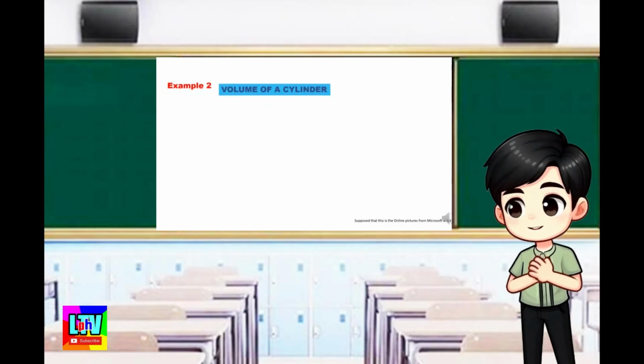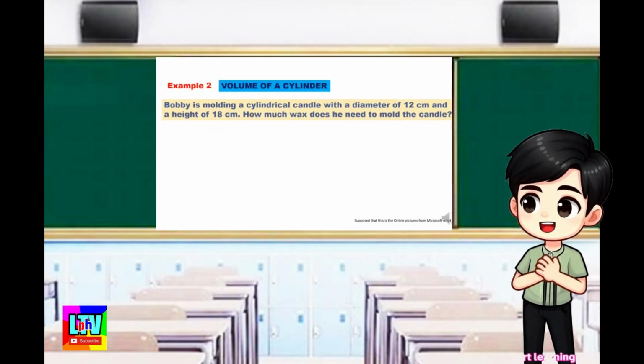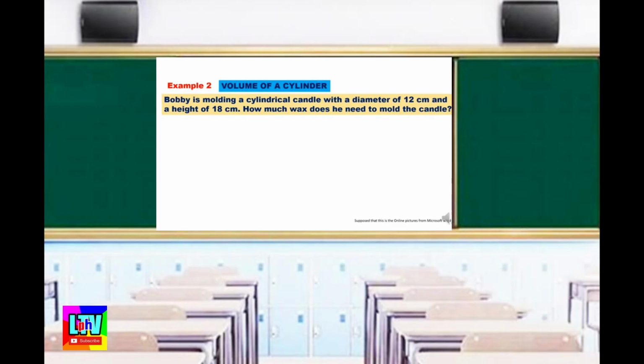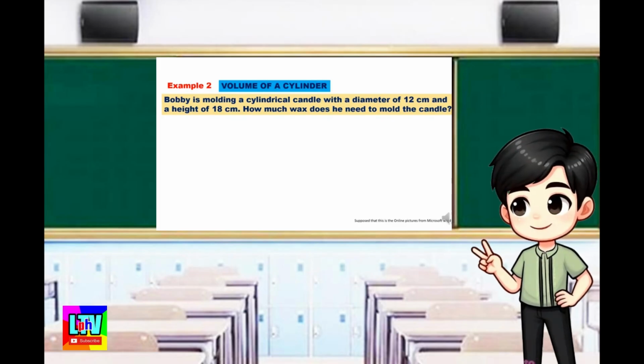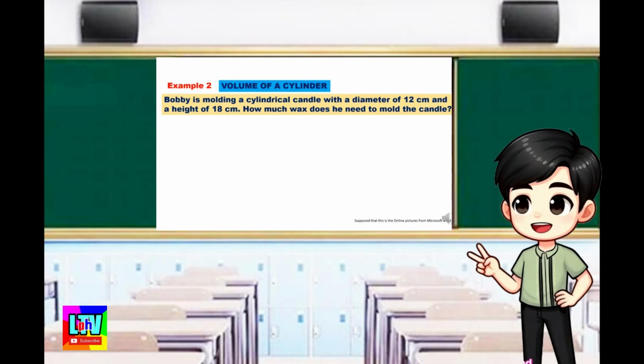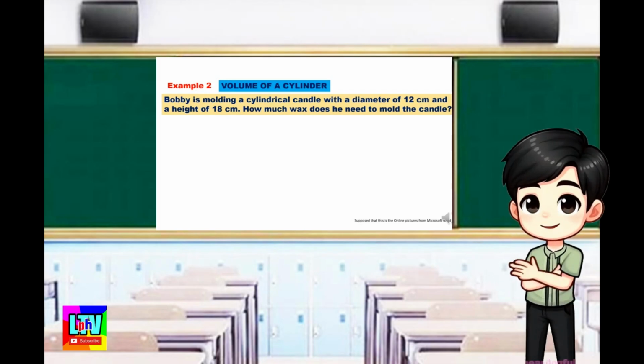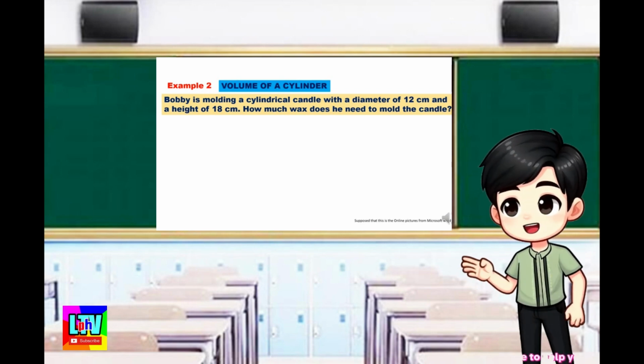Example 2. Volume of a cylinder. Bobby is molding a cylindrical candle with a diameter of 12 centimeters and a height of 18 centimeters. How much wax does he need to mold the candle?